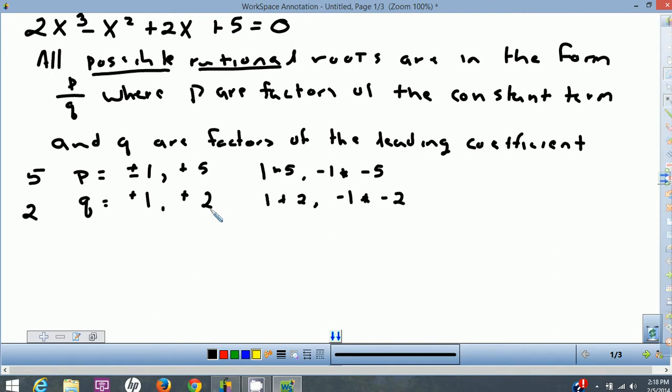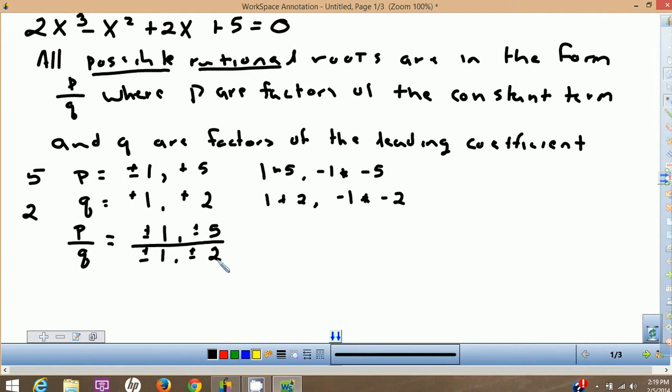So it's told us in the rational root theorem that the possible rational roots were in the form P over Q. So if I list all of those factors over each other, positive and -1, positive and -5, over positive and -1, and positive and -2.